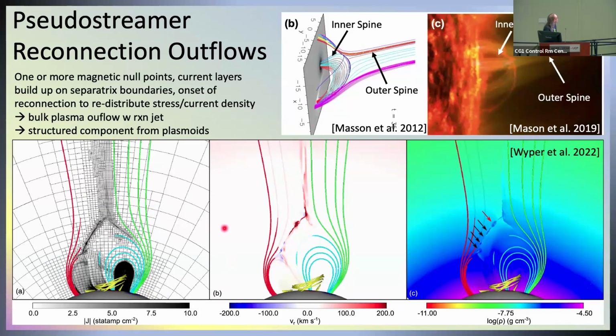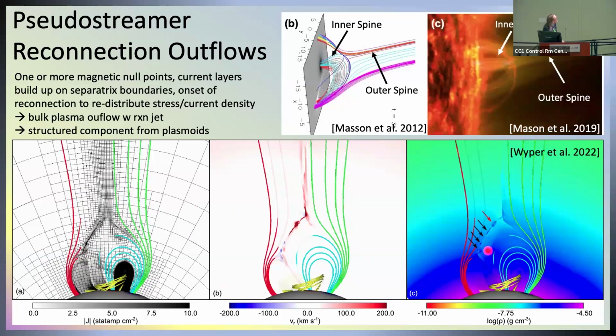Here we've increased the energy in this closed flux system. We've now got currents that have built up on the separatrix layer, and we're reconnecting. But now we've got so many grid points that we're getting some structure in the reconnecting layers.